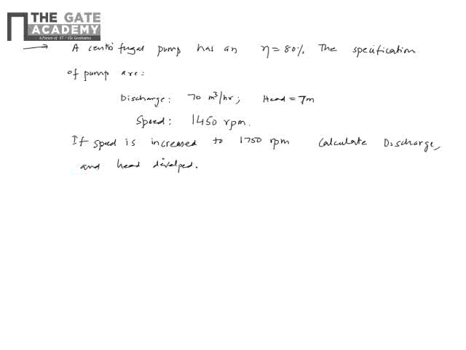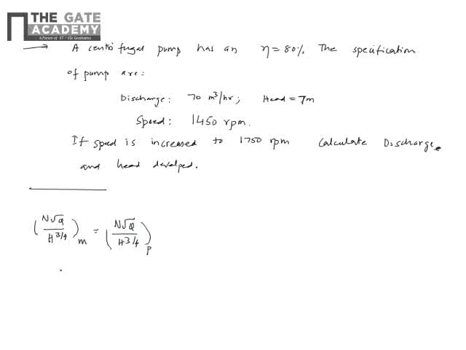Okay, so how do I calculate discharge? My scaling laws. So let's write down my scaling laws and then see in which one of the laws it fits. So my scaling laws are like this for the pump. N root Q by H^(3/4) is constant. Let me first write down and then we'll see which one fits.